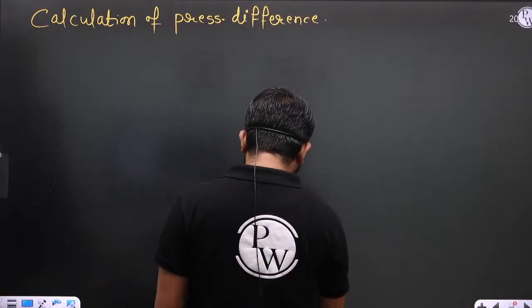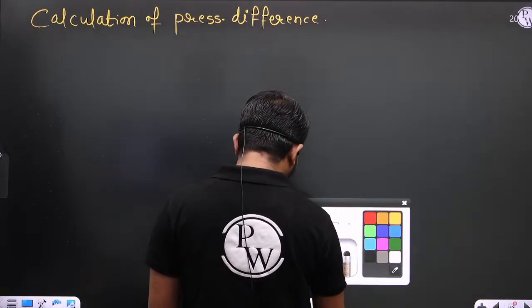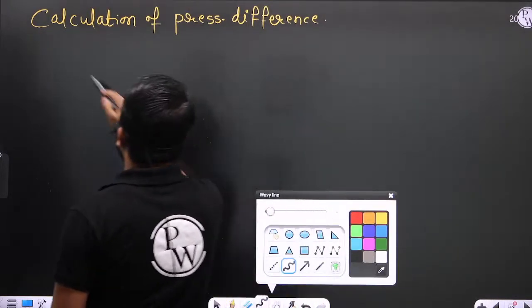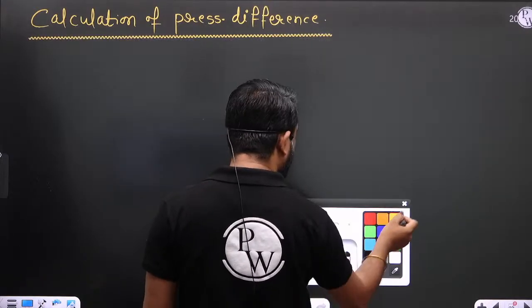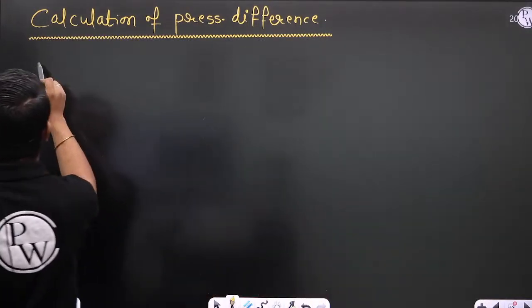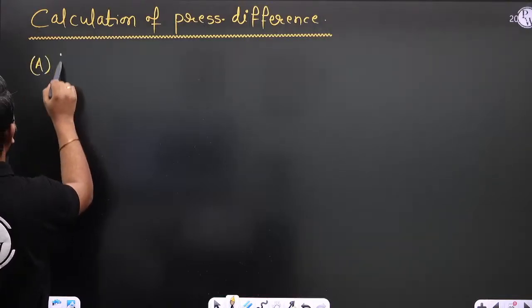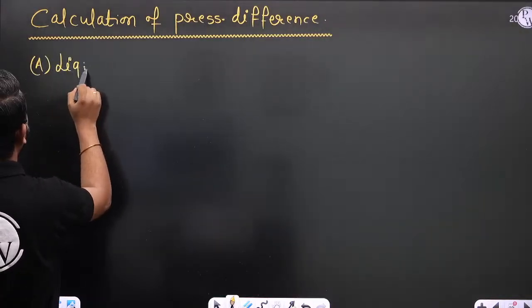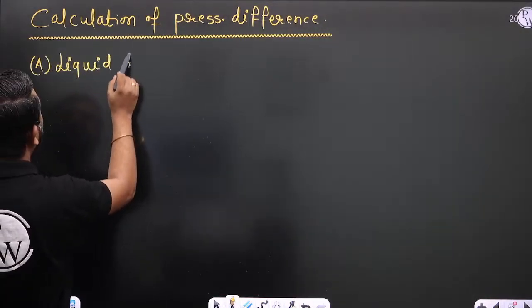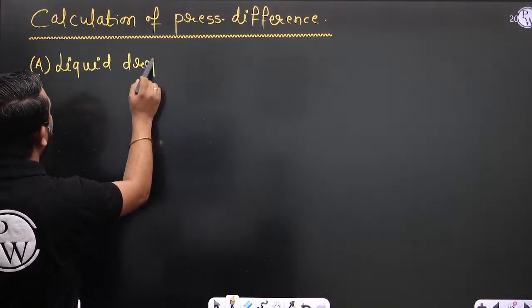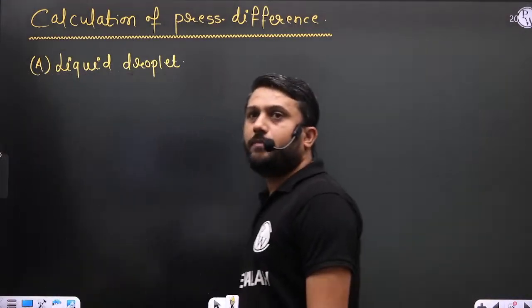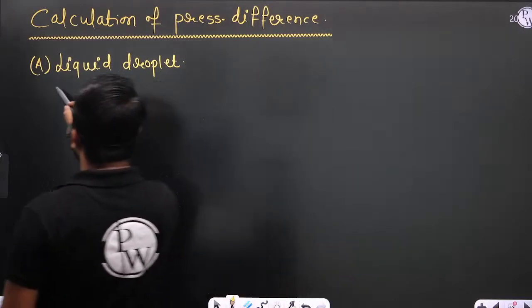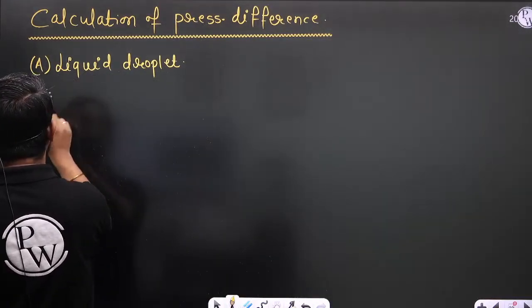The calculation of pressure difference. The first one is a liquid droplet. B, soap bubble.